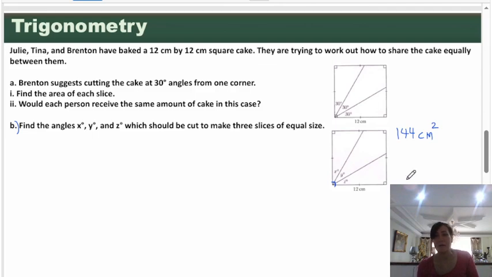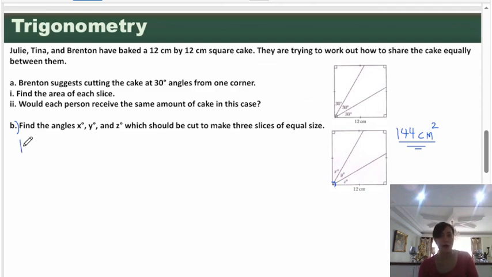So I will go for 3 equal pieces. I divide this area by 3 to get 3 equal pieces.